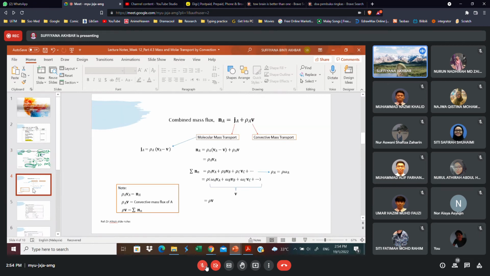Now another term is a combined mass flux. Sama, kalau dalam momentum pun kita dah apa? Combined momentum flux. Energy, combined energy flux. Ingat tak? Ingat kan? Cuba recall back. Kalau momentum, kita ada apa? Combined momentum, kita guna apa? Ingat tak?